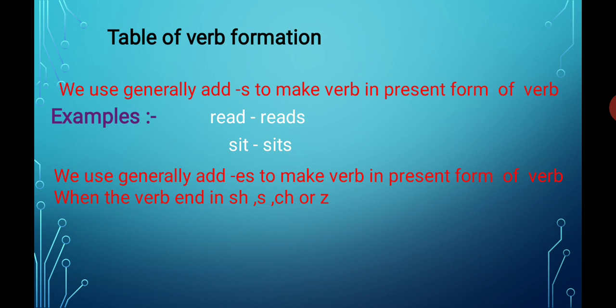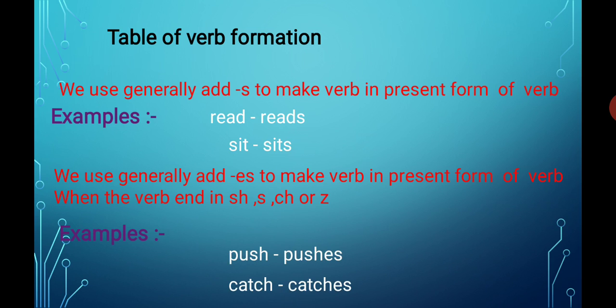This change with es is always used with a singular form of the noun. Let's see examples of this kind of verbs. Push, pushes. Catch, catches. Buzz, buzzes. Miss, misses.